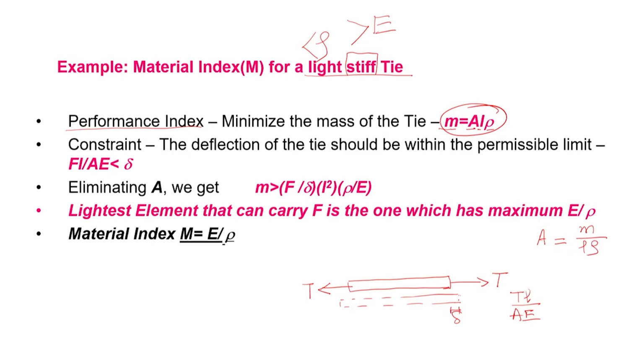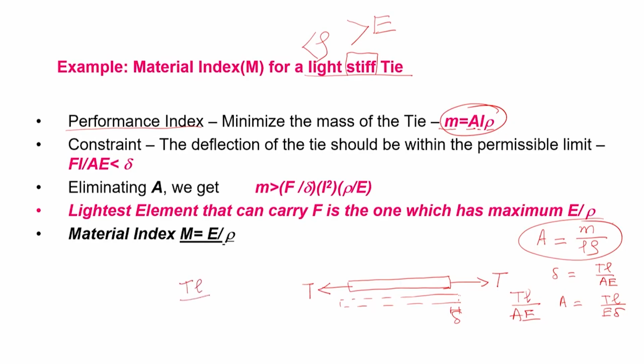Area is that free variable. Now, I also know that delta is given to us. So, delta is what? T L by A E, and delta is fixed for us. So, what is the area then in terms of delta? It is nothing but T L by E delta. So, now if I actually write it here in this relationship, then what I am going to get?